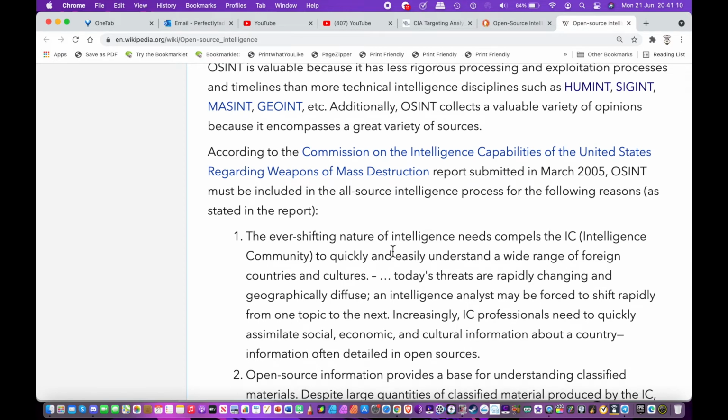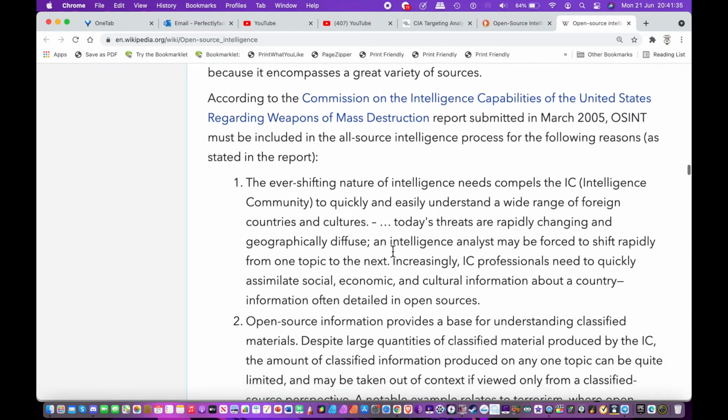According to the Commission on the Intelligence Capabilities of the United States Regarding Weapons of Mass Destruction, report submitted in March 2005, OSINT must be included in all-source intelligence process for the following reasons as stated in the report.